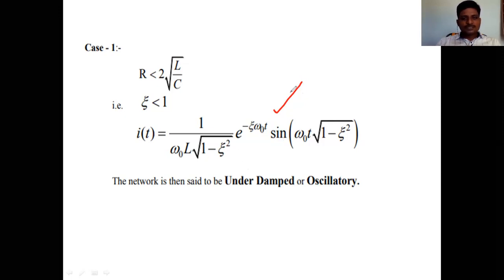So this is said to be oscillatory or underdamped function. Underdamped function means zeta will be less than 1, or you can say r is less than 2 root L by c.